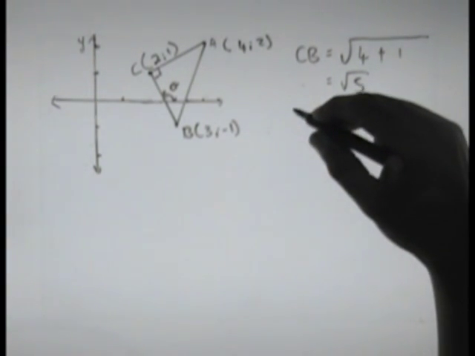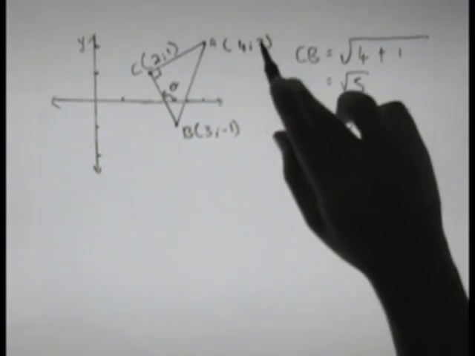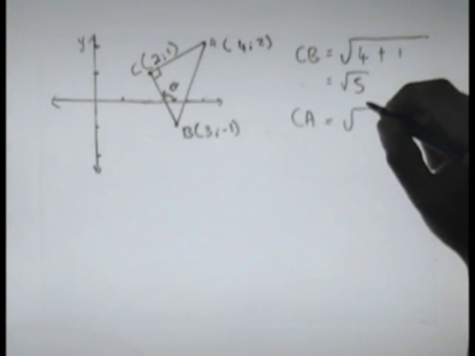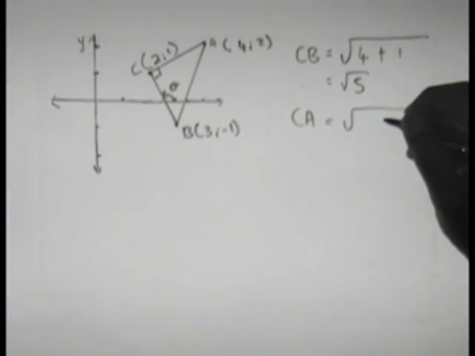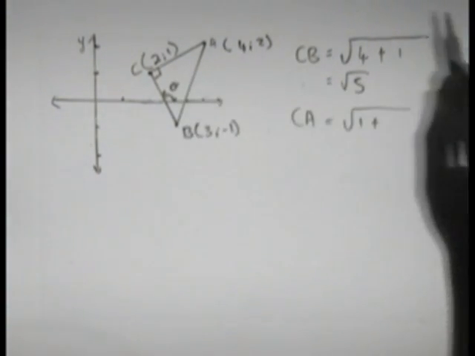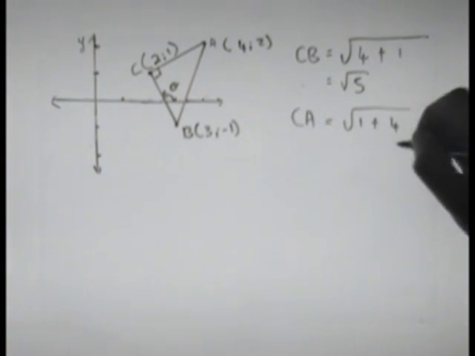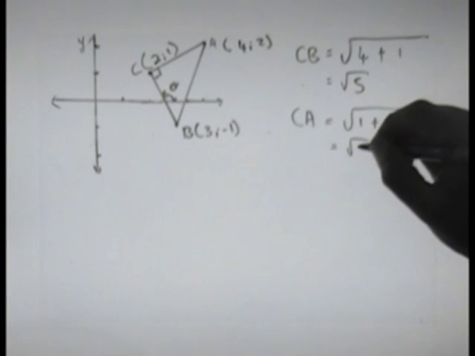Distance CA is going to be given by y2 minus y1, which is 2 minus 1, which is 1, squared is 1, plus x2 minus x1, 4 minus 2, which is 2, squared is 4, which is also going to give us root 5.